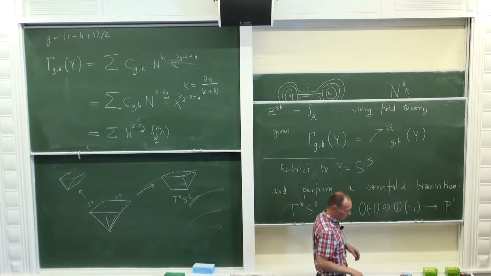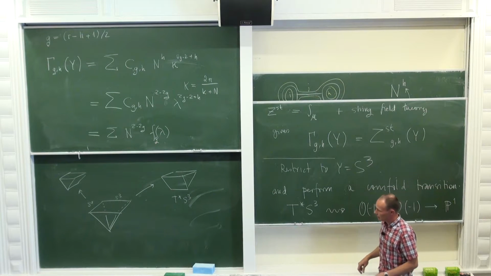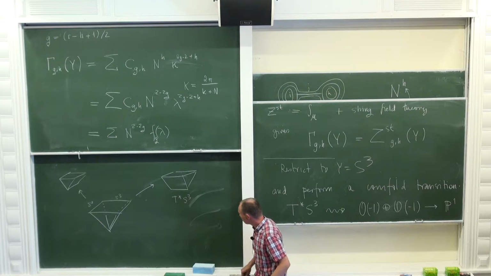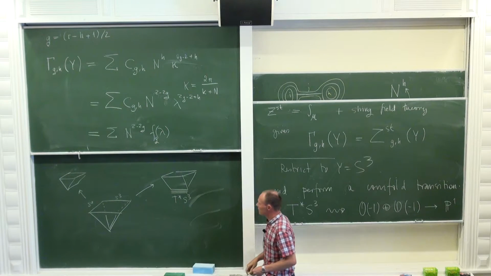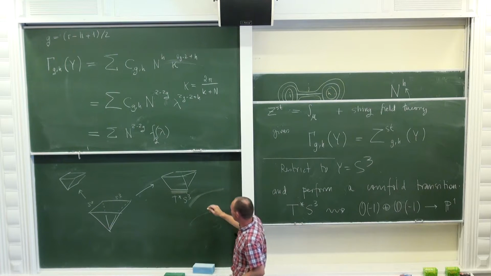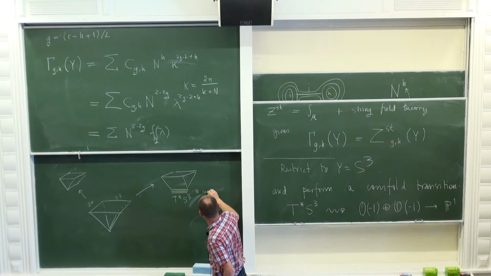And what Vafa is now saying is that, secretly I didn't say very much about that, but these gauge indices, you can think about taking N copies of the zero section.